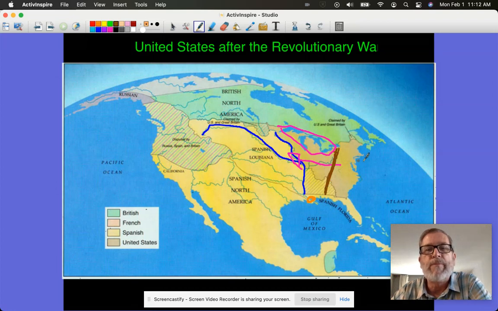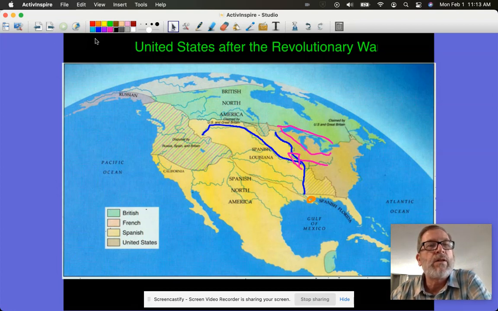That's that earlier barrier that we've talked about that prevented people from crossing over. So the Proclamation of 1763 was sort of that no-go zone past that point. Well, that's all over now, because the United States is in charge. It has its own flag, its own country, its own government, and so we're starting to see that that's not a barrier anymore.